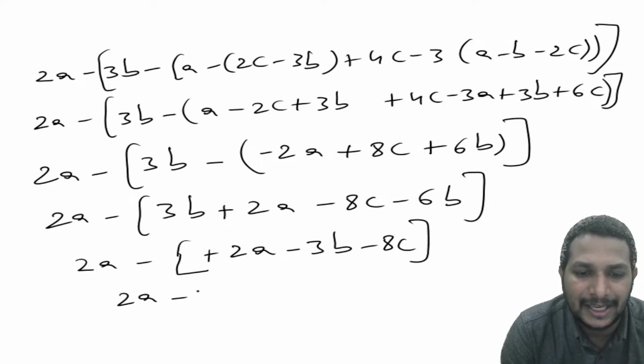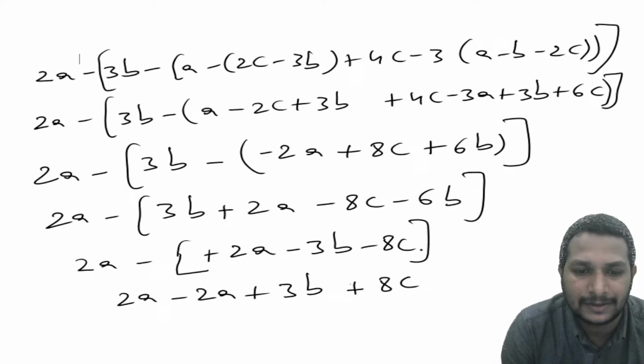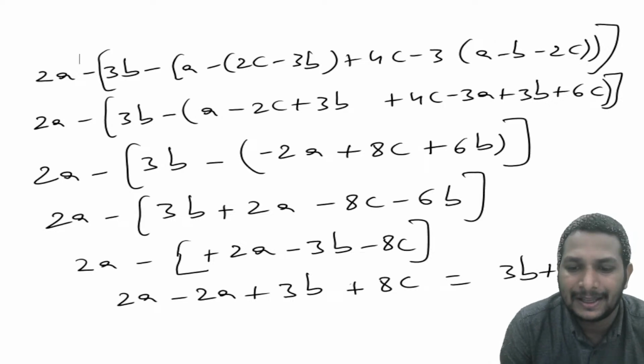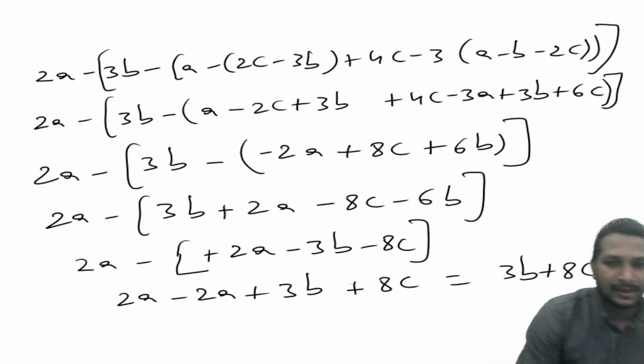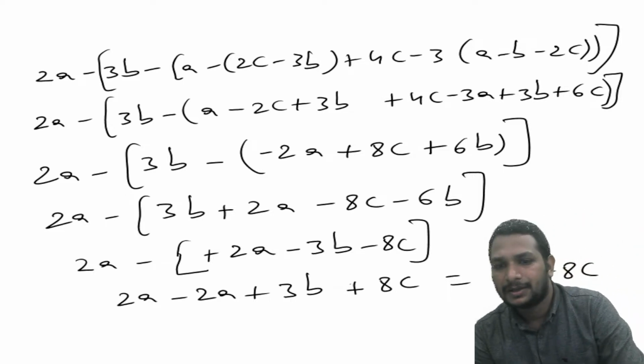Remove the brackets again, minus or minus becomes plus 8c. 2a will be gone, so the answer is 3b plus 8c. Okay, we got the answer as 3b plus 8c.